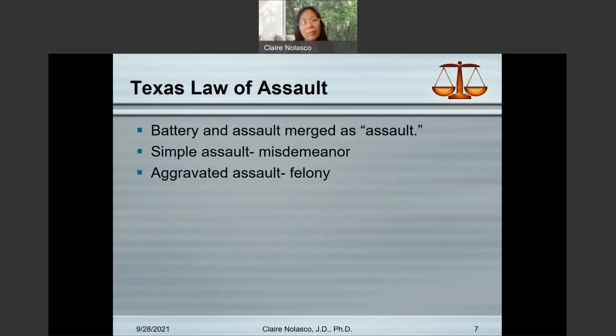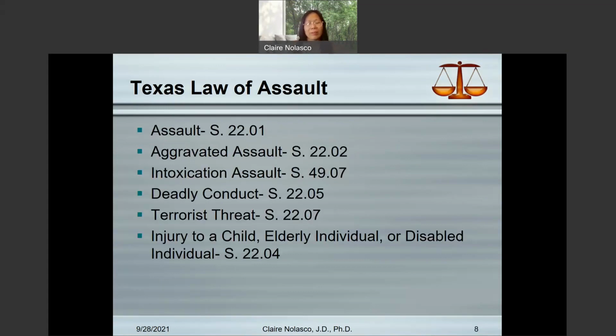Now, the Texas law of assault merged the common law concepts of battery and the common law concepts of assault into one crime. There is a simple assault, which is a misdemeanor offense, and aggravated assault, which is a felony offense. Under the Texas law, there are several types of assault.